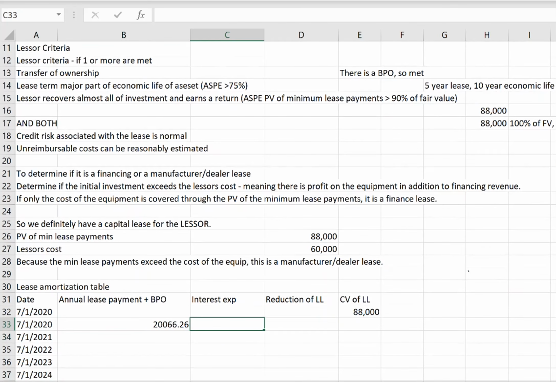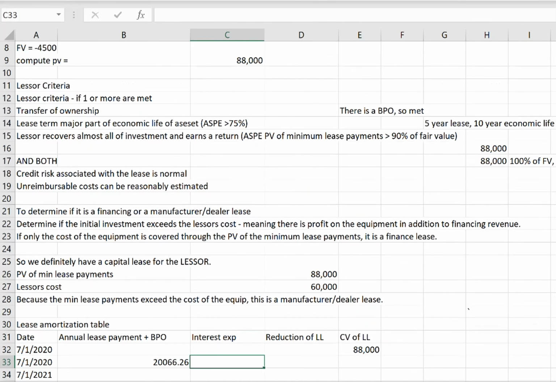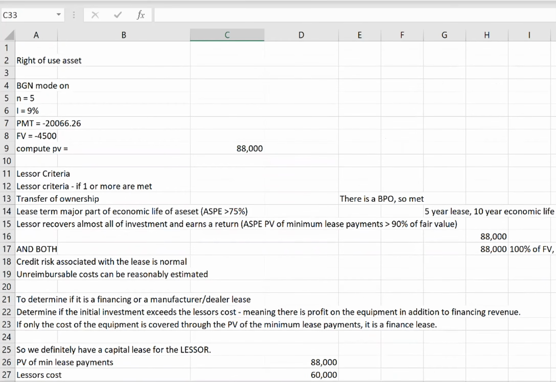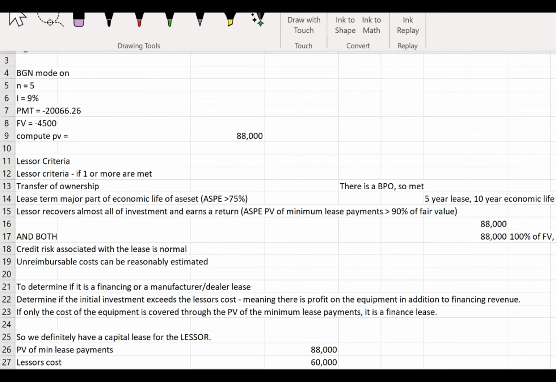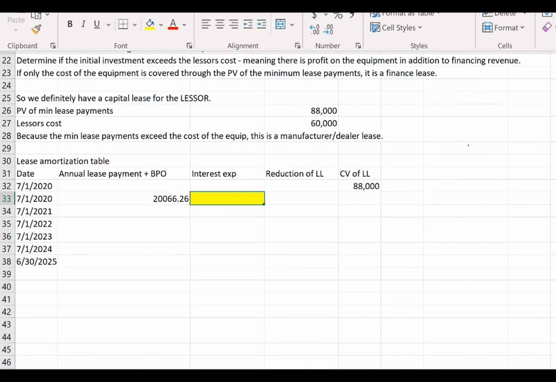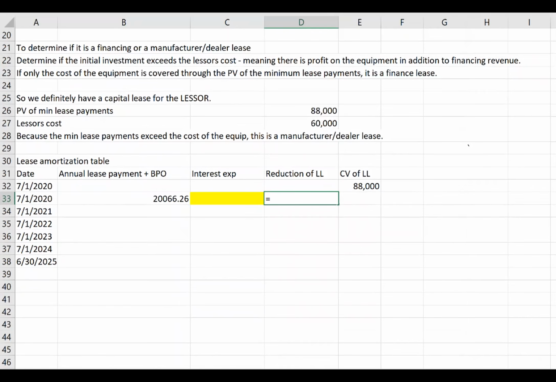And remember that there won't be any interest expense on the lease at the beginning of the period because it's day one. So there can't be any interest that's accrued on the lease yet, right? So this is a blank, and the lease liability is going to be reduced on day one by the exact lease payment.